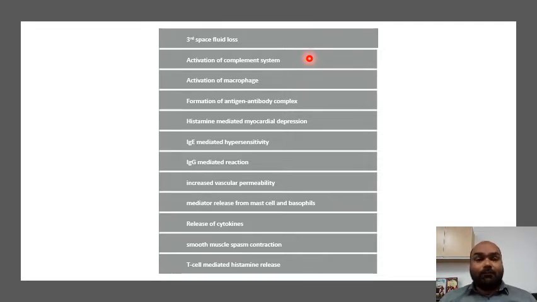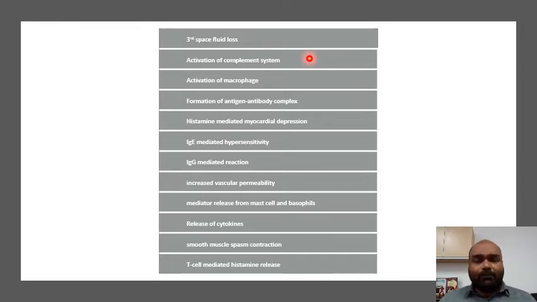So in a person's body that is not tolerant to this kind of allergen, what happens is that when the allergen enters the body, it affects 2 areas: one is in the lungs and one is in the circulation. In the lungs, the cells responsible are the mast cells. In the circulation, the cells that are involved are the basophils.